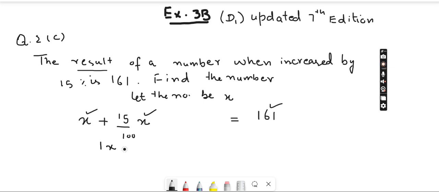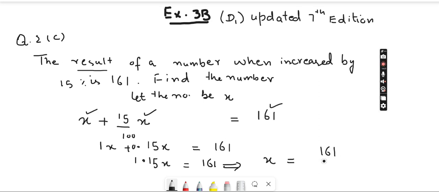So this is 1x, and I'll be doing it with this simple way. This becomes 0.15x is equal to 161, and 1 plus 0.15 will be 1.15x is equal to 161. Moreover, x would be equal to 161 divided by 1.15.